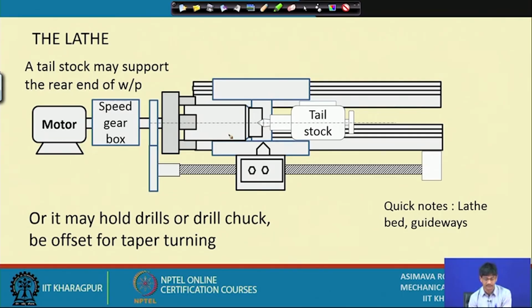For example, we might be holding a drill, or a drill chuck, or many other types of tools. It also has its own rails, just like the saddle. We have shown two such rails here, a flat on this side and once again a V on our side.